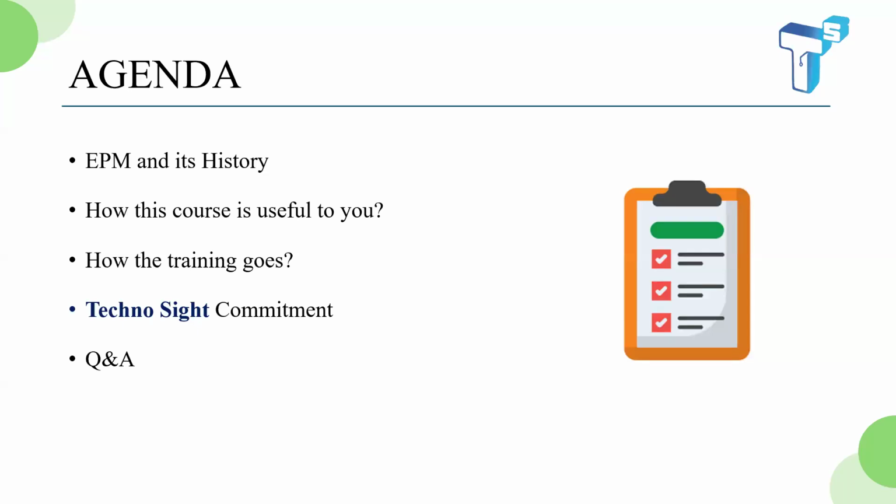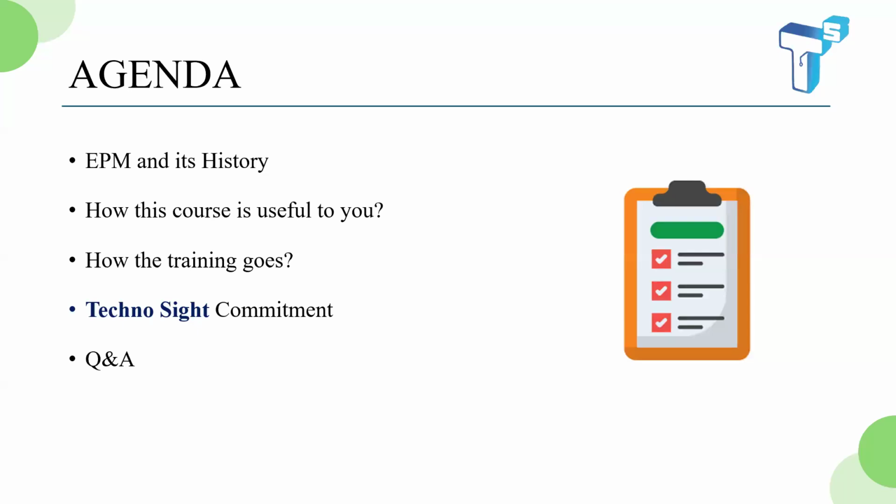So let's proceed. To the people who joined and are curious to know what EPM is: in our advertisements in the WhatsApp groups, you might have seen Sandeep posting the advertisement. You might have joined just curious to know what EPM is.